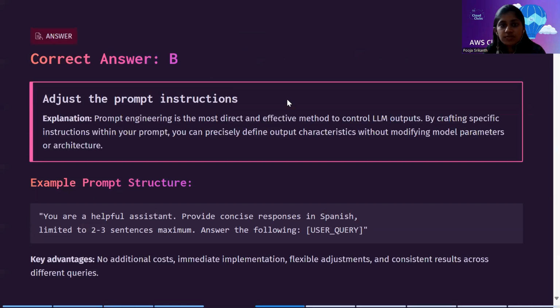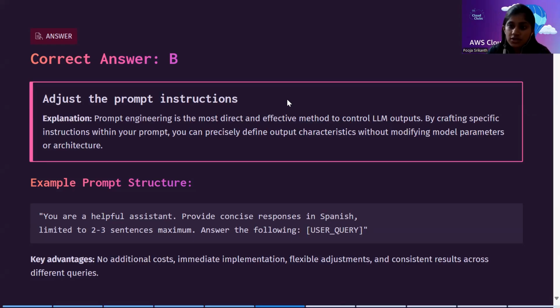Now, coming back to adjusting prompt instructions, with prompt engineering you have the ability to control the output language, the length, as well as the response style. This is very inexpensive compared to fine-tuning or changing the model. AWS is likely to make this kind of question a little tricky, so be aware of the expense factors of which methods are inexpensive and which is the most expensive. Try to read through that.